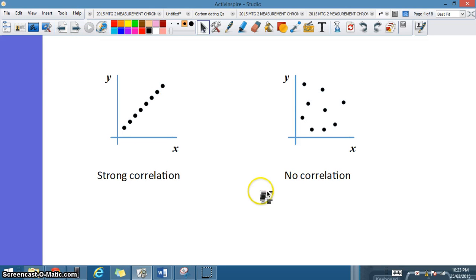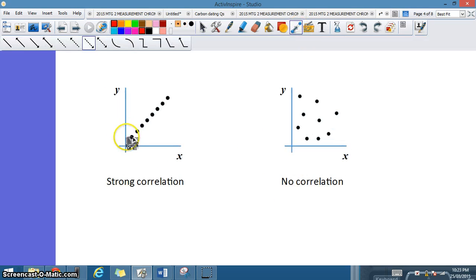So here we've got two scatter plots. On the left we've got strong correlation. These data points line up very straight and have a very strong relationship in that positive direction, very obvious relationship.